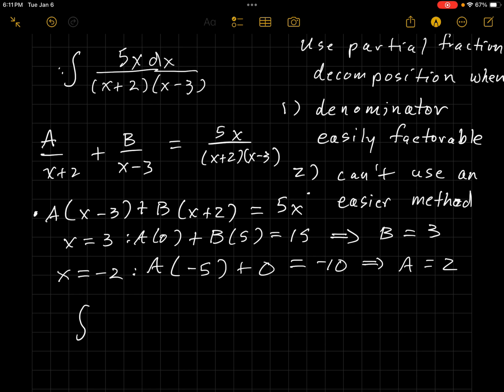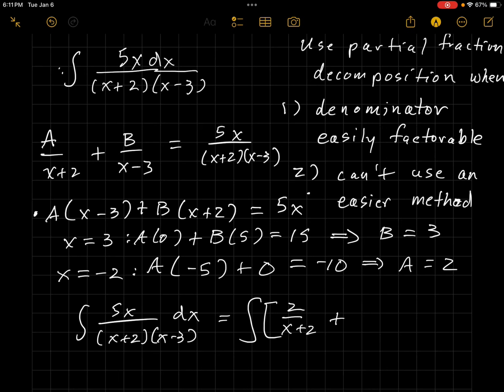So the integral 5x over x plus 2 times x minus 3 can be written as the integral of a over x plus 2 plus b over x minus 3.